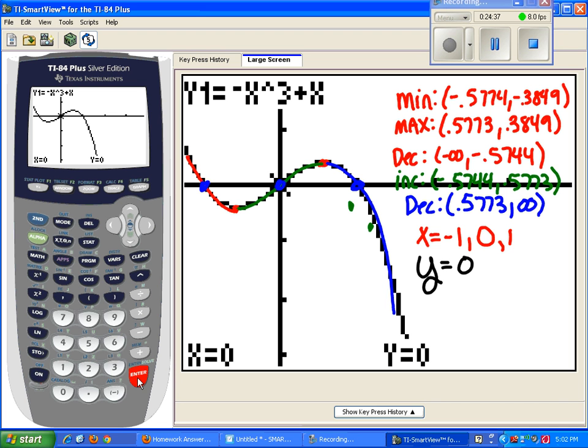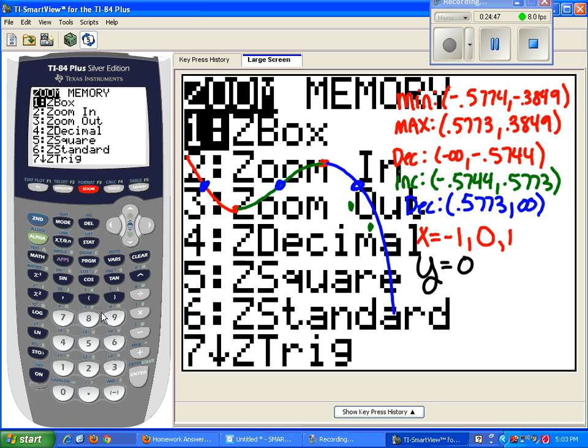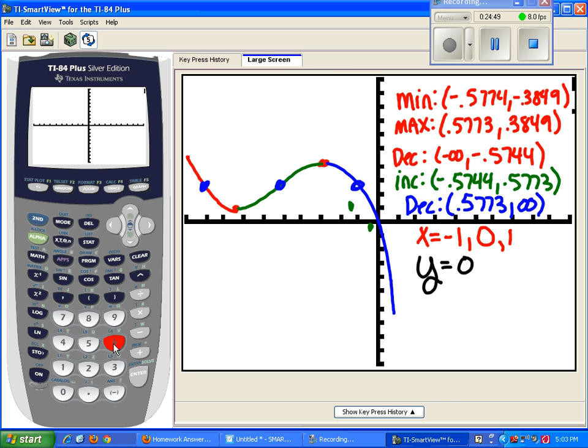And then the last part of this, we wanted to find our domain and our range. For our domain, I'm going to go back to my graph and just zoom out. So zoom 6 to go back to my standard window. Now, I can look at the graph for this, however, remember in the last section, we were using algebra to help us determine the domain.